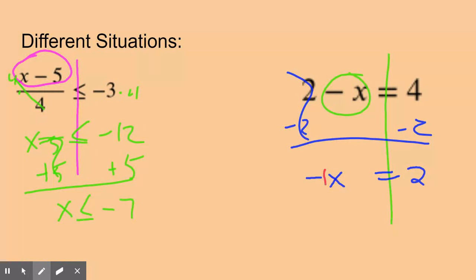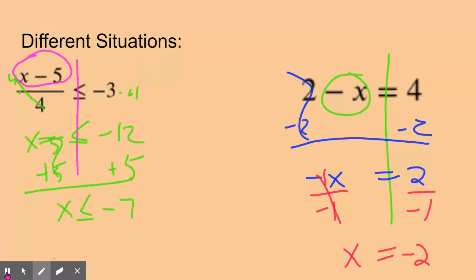So the opposite is going to be to divide, and we're going to divide by -1. So that cancels, so I have x equals -2. Because that x was negative, that is why it's a two-step. I have to take it a step further and divide by that negative.